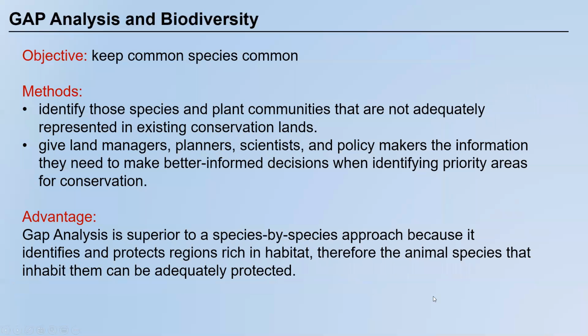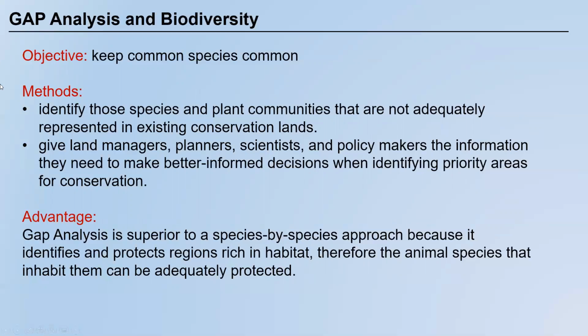So what is it? The objective of this project is to keep common species common. Methods: identify those species and plant communities that are not adequately represented in existing conservation lands, which means that they want to find out more areas need to be preserved.